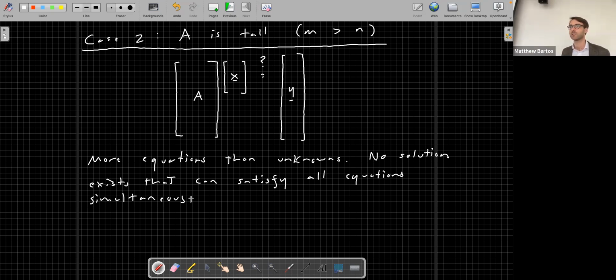Did you have a question, Jimmy? Yeah, but if A has a number of equations which are not linearly independent, such that you do have n linearly independent equations, is that still not a solution? So if it turns out that enough equations are collinear, we'll do some examples later where we'll be looking at points on a plane.